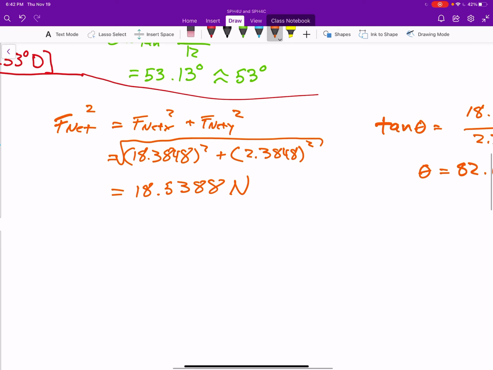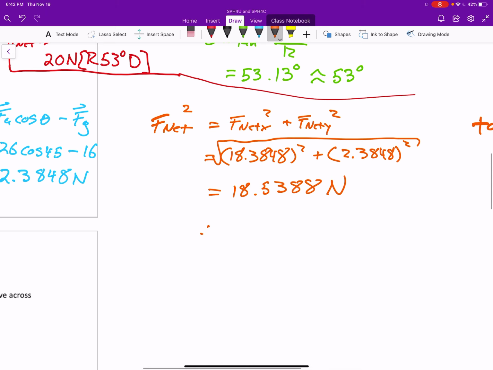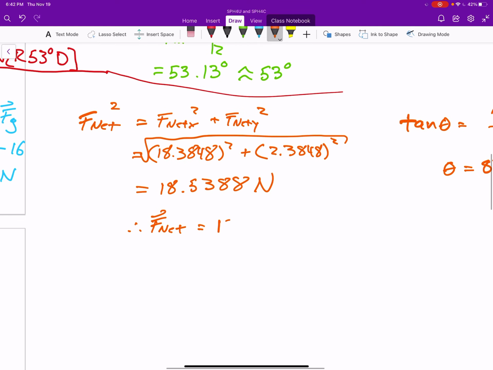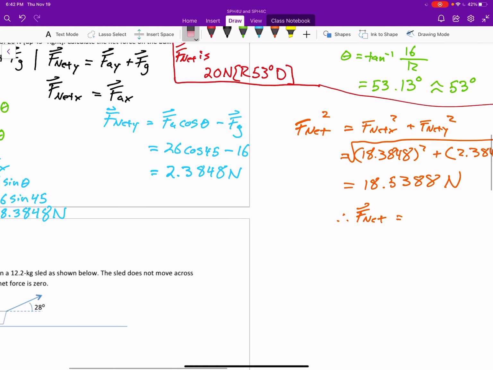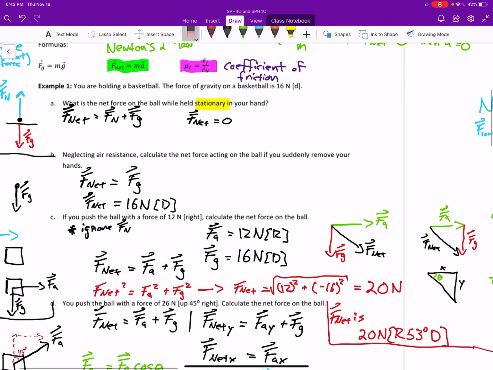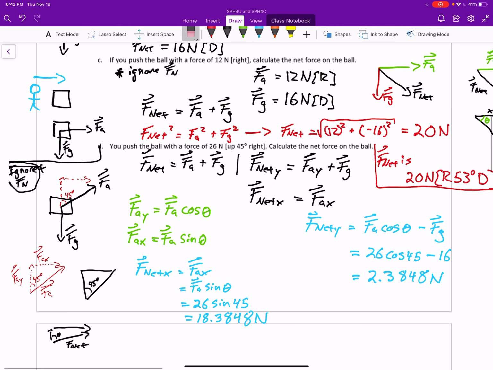So the net force, hang on, we've got to round now. Take a look at our sig figs. I think everything's going to be 2. We were given 16, which only has 2, and then the 12 and stuff, as well as this 26.